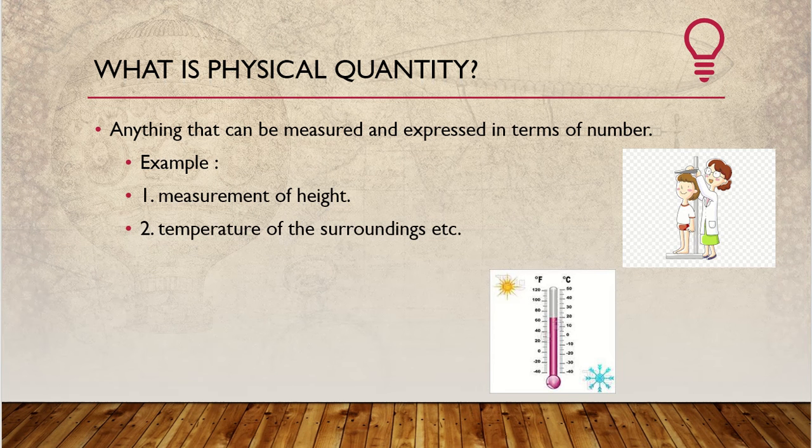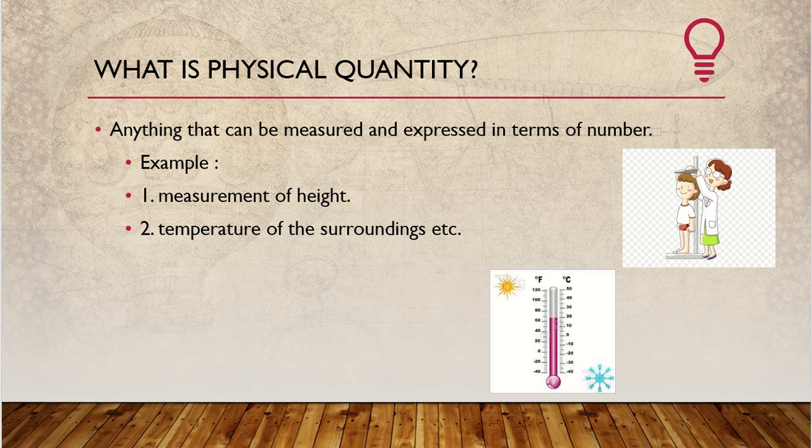Hence, height is a physical quantity. Why? Because it can be measured and expressed in terms of a number. You can tell height in a number. Hence, height is a physical quantity.